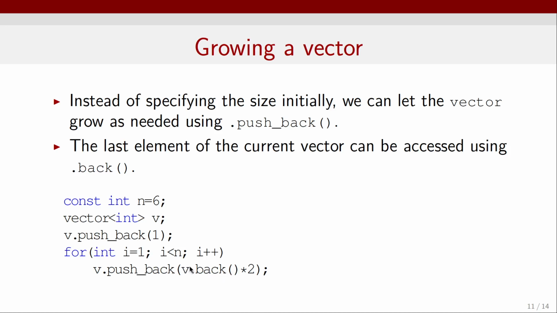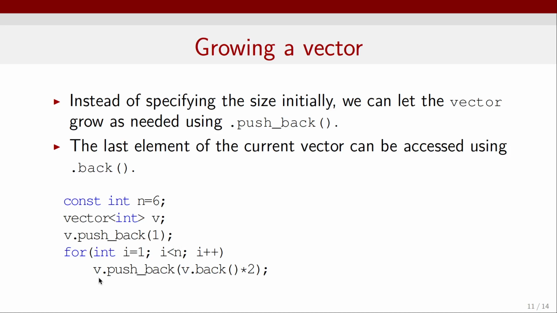This will access the last element of v. And the last element of v, the first time I'm running the loop, will be 1. And then I multiply that by 2. So then I get the number 2 in here, and by using pushback, I'm adding the number 2 into that list or into that vector.